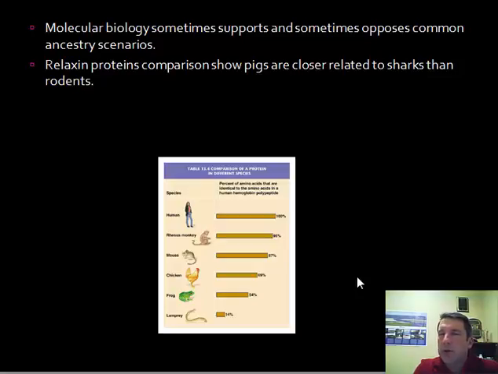Pigs and rodents should have more similarities because they are in the same group. So the similarity of structures is not always showing you the closest relatedness, but that's how it's usually used, as similar structures relate to similar ancestry.